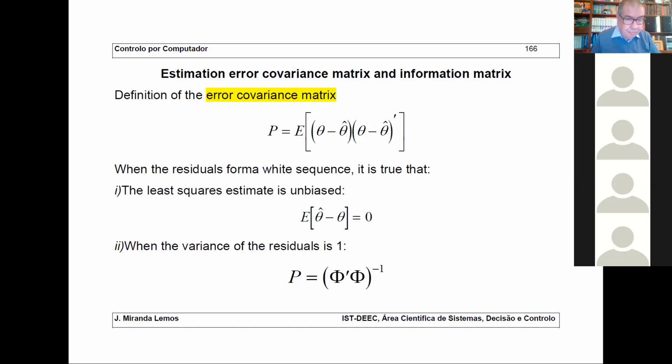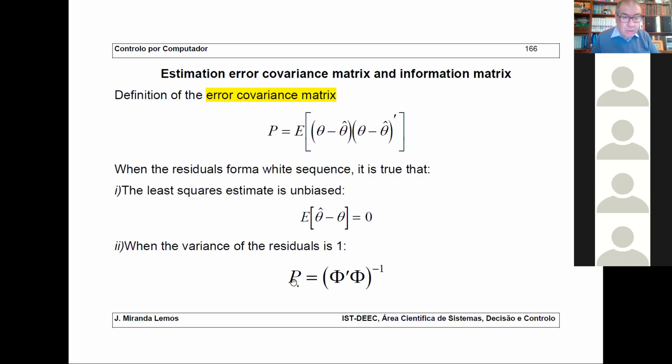And if the variance of the random variables that form the white sequence is 1, then P is given by this value.